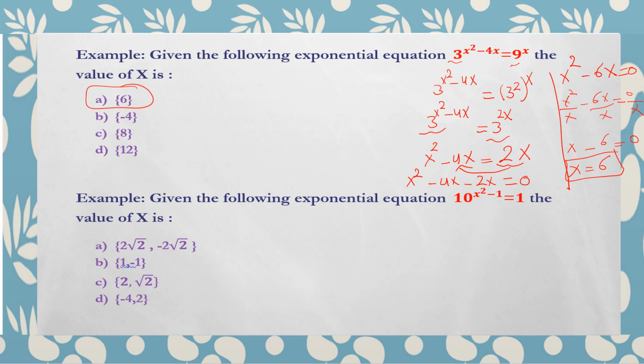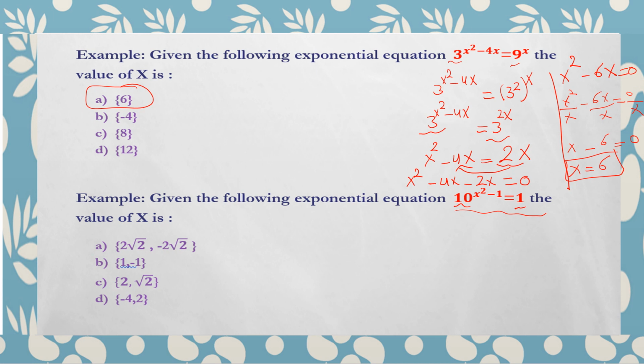Another example, given the following exponential equation, 10 to the power x squared minus 1 equals 1. Here the bases are not the same. The base for the left hand side equals 10, but the base for the right hand side equals 1, and these are not equal. So we should first equate the bases in order to solve for the exponent.